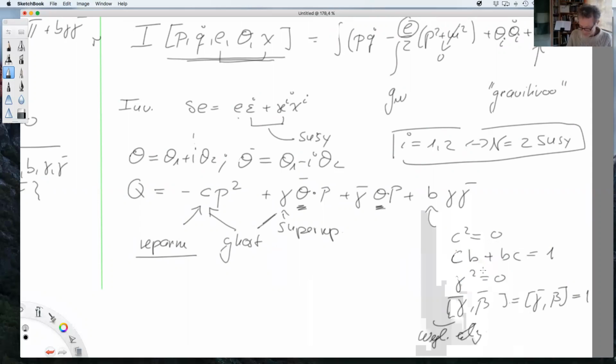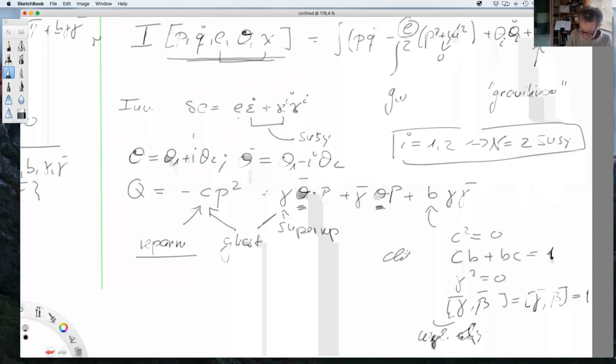So gamma with beta, this is a graded Clifford algebra. Then the theta also, I didn't say, the theta and theta nu bar anti-commutator is equal to delta mu nu. So it's a Clifford algebra. So after all, it's a graded Lie algebra.